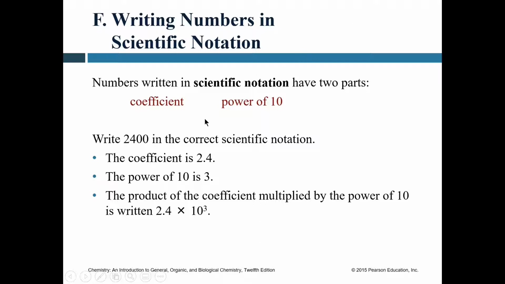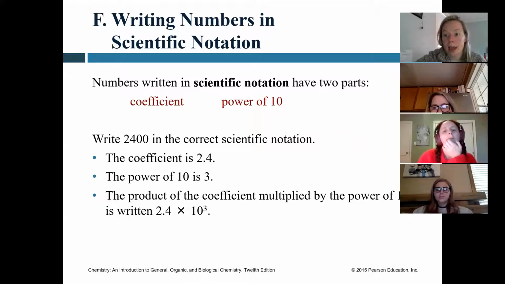So instead of writing these long decimal numbers, we put them into scientific notation. Scientific notation has 2 parts. The first part is the coefficient, and the coefficient needs to be a number between 1 and 10. Really 1 and like 9.99999.